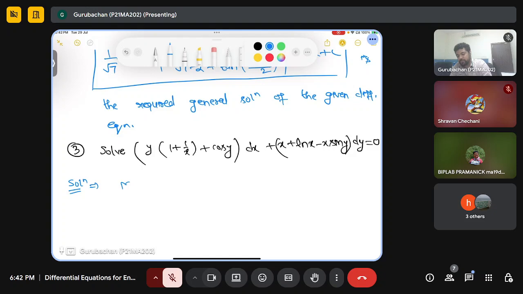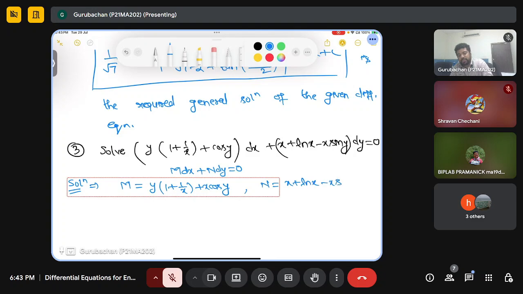First of all, we will compare with M dx plus N dy equal to 0. And by comparing, M will be y(1 plus x plus cos y), and N will be x plus ln x minus x sin y.